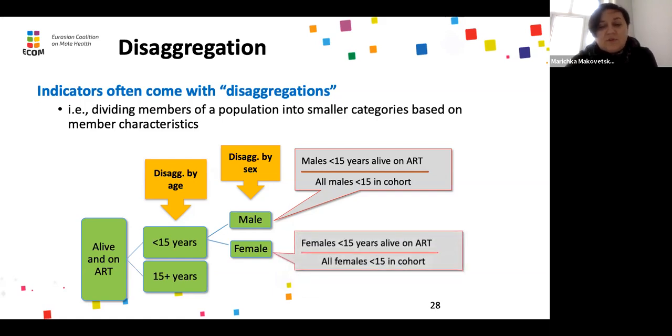If you talk about female, then you have females under 15 years alive on ART treatment again, and as denominator you have all females under 15 in your cohort. Cohort may be the country level, regional level, city level, a clinic or whatever you have in mind, or where your project is focused.